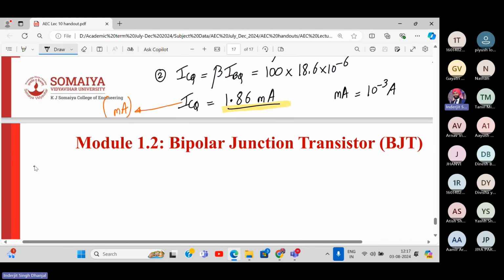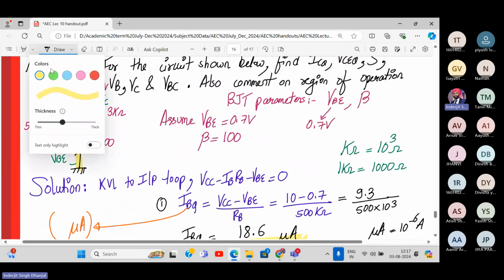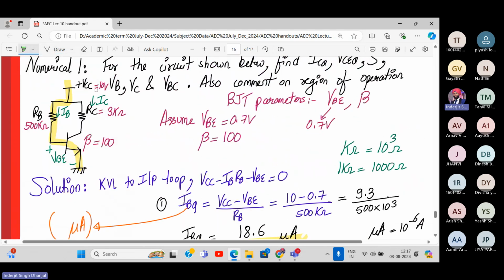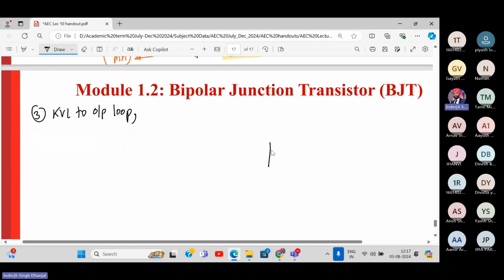So now the third thing will be to apply KVL to the output loop. My output loop over here is this. Let me use a different color, the green one, like this. So over here, I'll mark plus minus VCE.